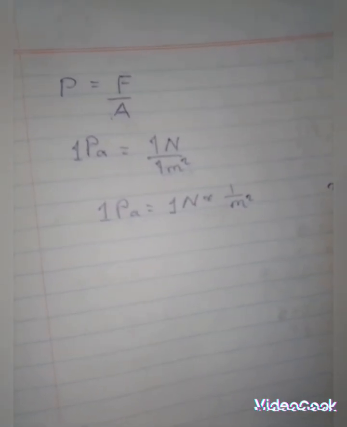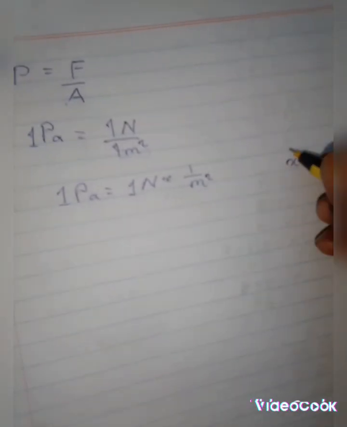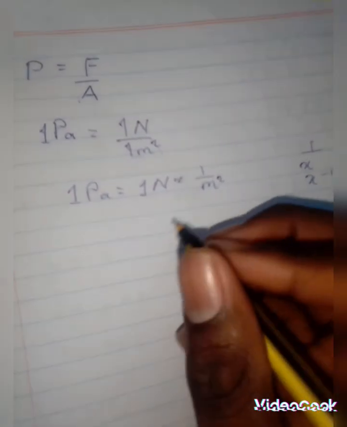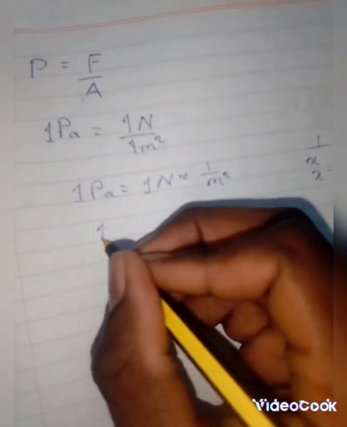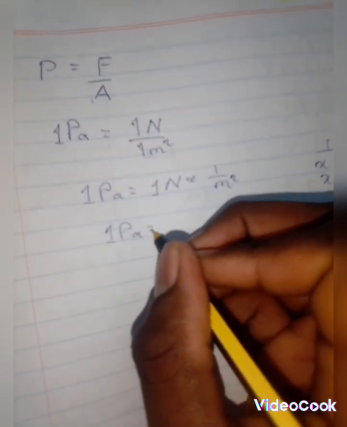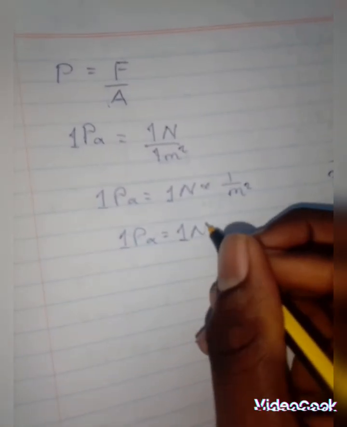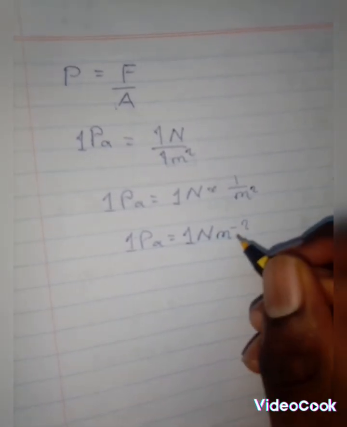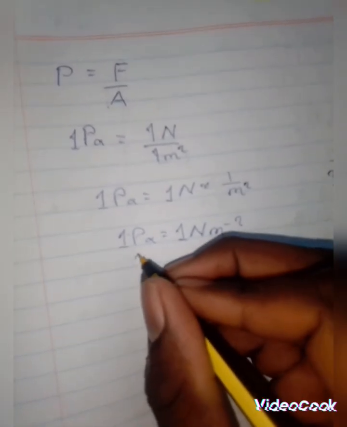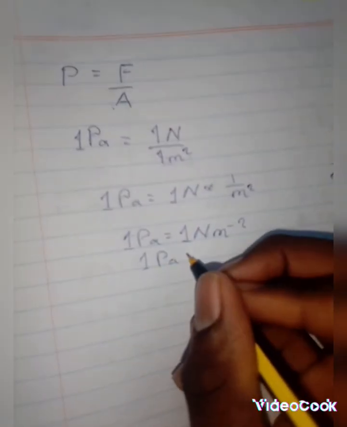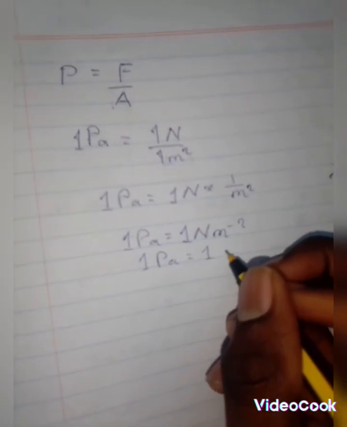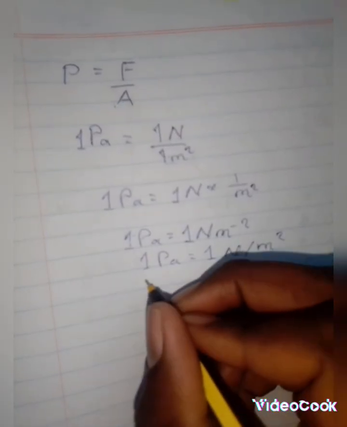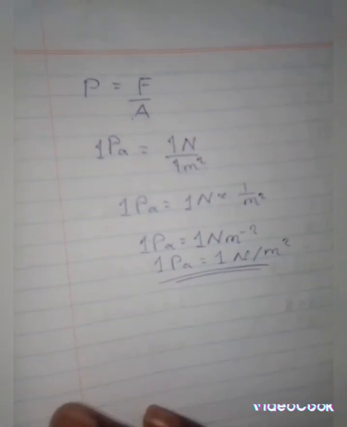Like for example, 1 over x is the same as saying x to the power negative 1. So we're saying that 1 Pascal is equal to 1 Newton meter negative 2, which is the same as just saying 1 Pascal is equal to 1 Newton per squared meter. And that's how you derive it.